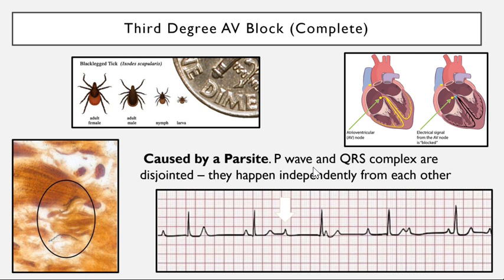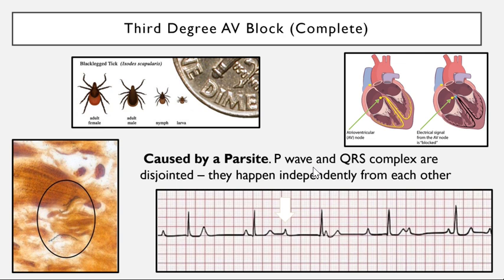The Purkinje fibers. I guess I never said what an AV block is; I should have started this way. An AV block is when you are blocking the electrical conduction from the AV node, right?